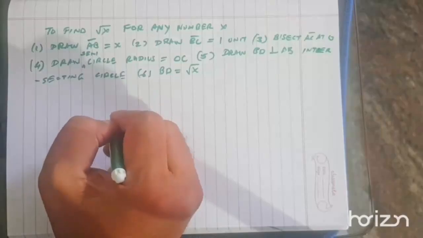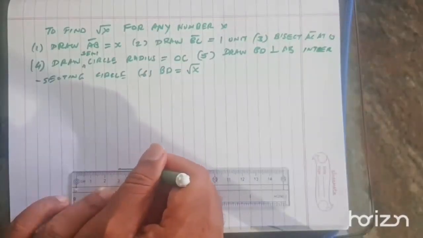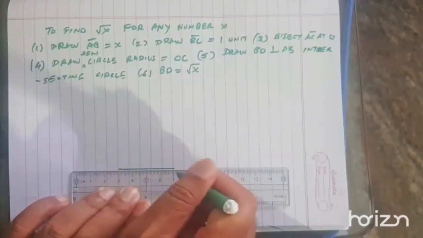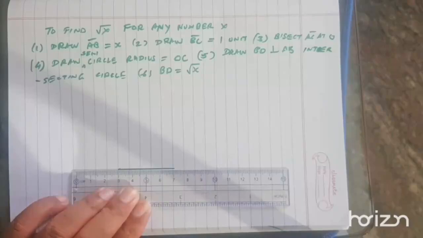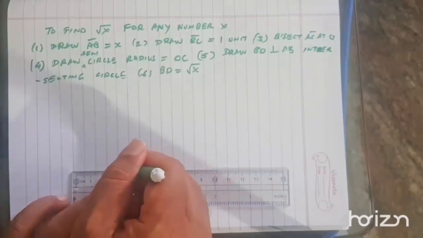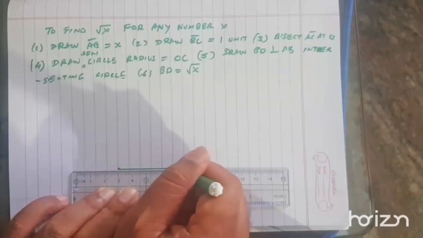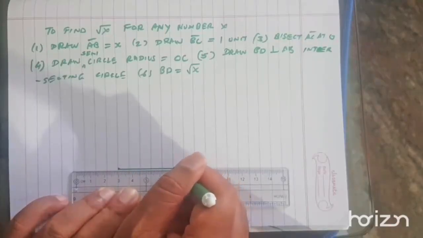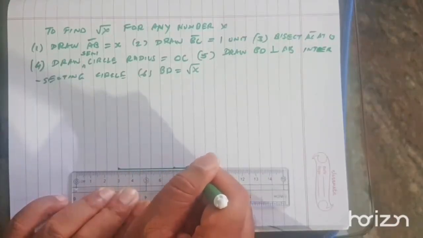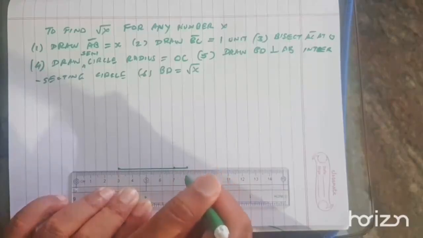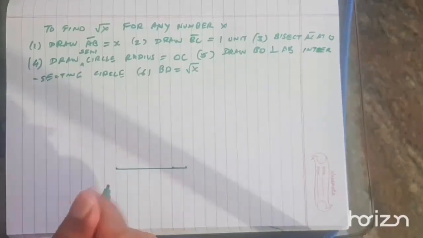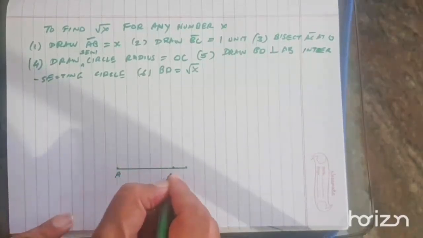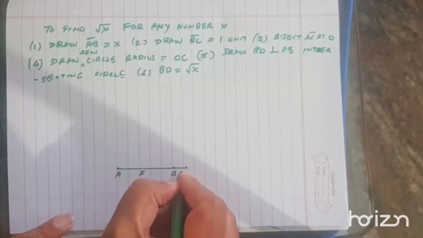So let's do it. I want to find root of 5, let us say, on the number line. So first I draw a line whose length, let's say I want to find root of 4. We know it's 2, but just for the sake of doing the exercise, extend it by 1 more unit. So AB should be 4 actually. It's not 5 units.